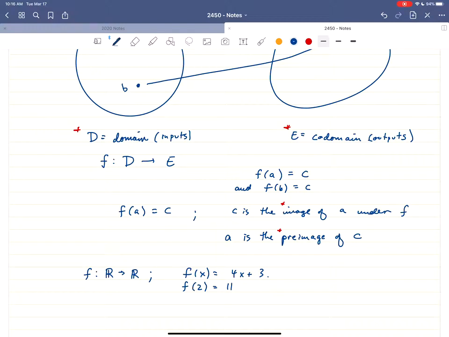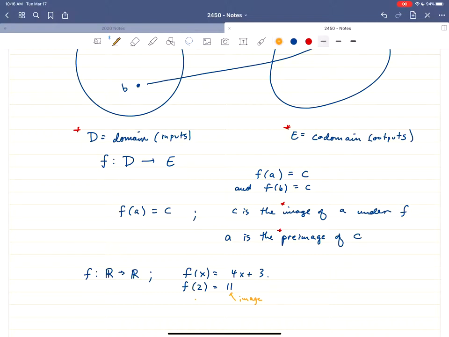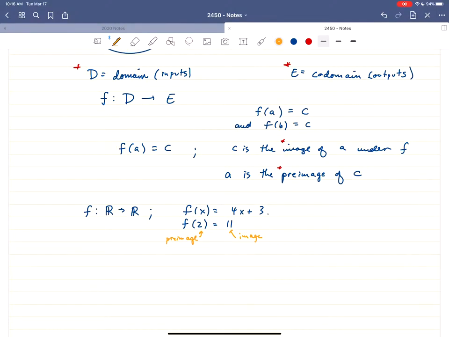So 2 is our pre-image, 11 is the image. So that's a function. And there's lots of different things that we can say about functions.